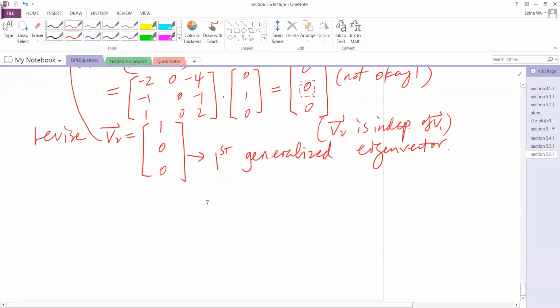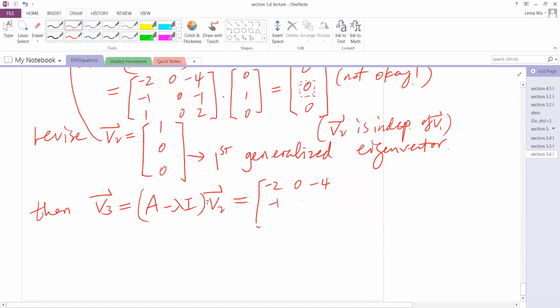All right, once we got V2, then we can get V3, kind of like a chain reaction. So V3 will just be A minus lambda I times V2. So we're going to do the same matrix again: -2, 0, -4, -1, 0, -1, 1, 0, 2, and times the V2 that we just generated, which is a non-zero vector.